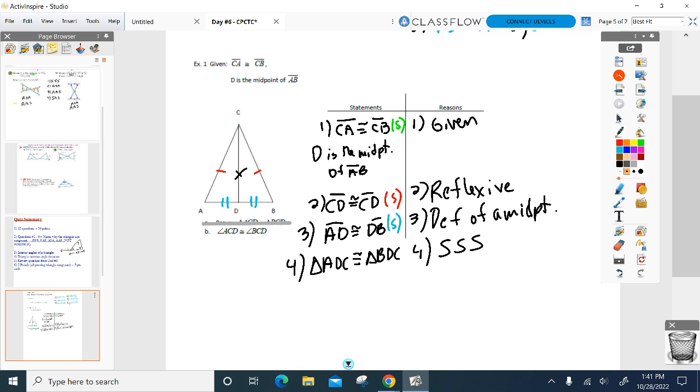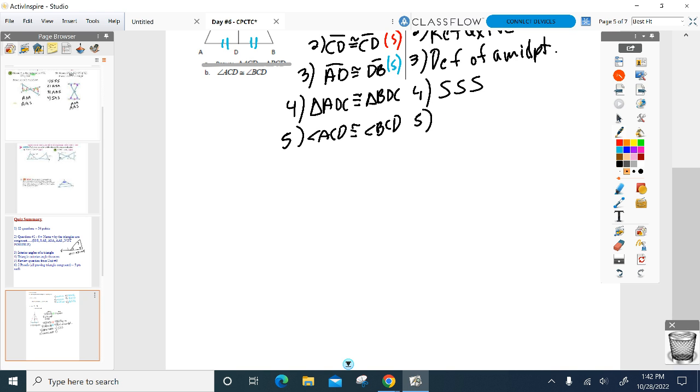Okay, now, we got the triangles congruent. Now this is the new part today. We're going to take it an extra step. Now that I know the triangles are congruent, any of these corresponding parts are congruent, including angle ACD and BCD. And here's our new reason. Buckle up.